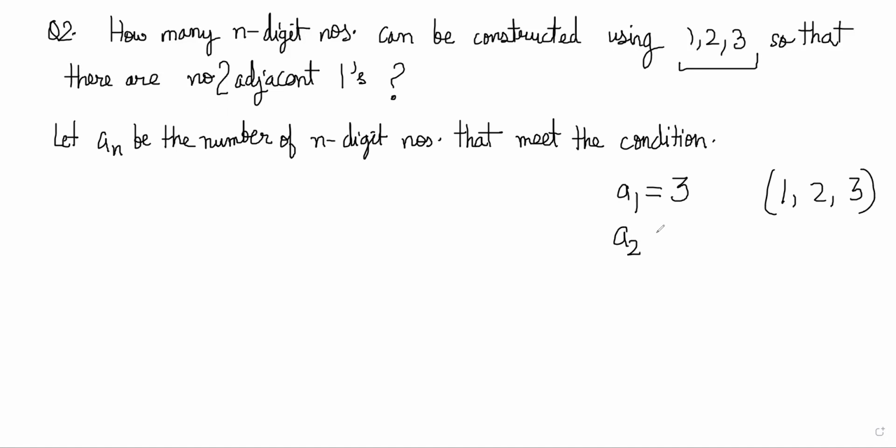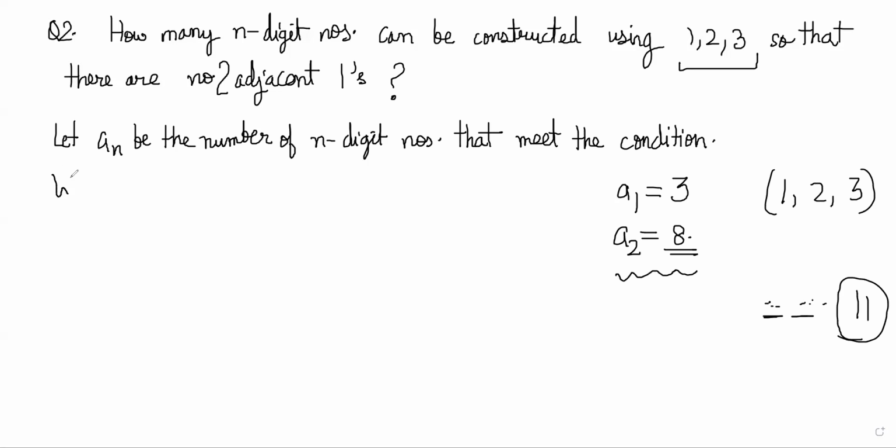And a_2 would be 8. Technically, a_2 should be 9, because there are a total of 9 numbers you can fit here, with 3 options for each digit, but you have to remove the case 11, right? So a_2 is clearly 8, right?